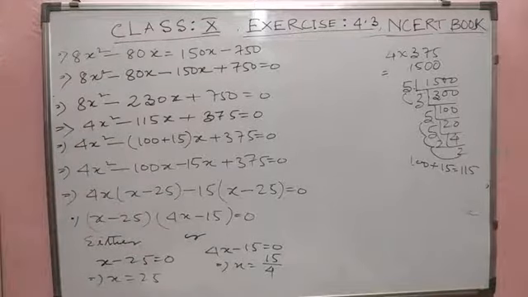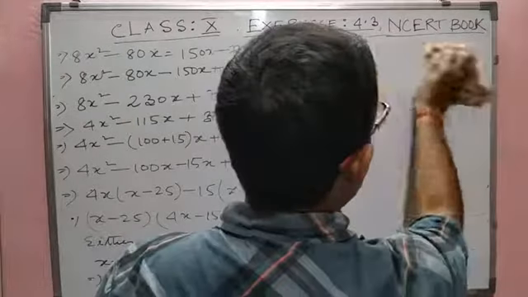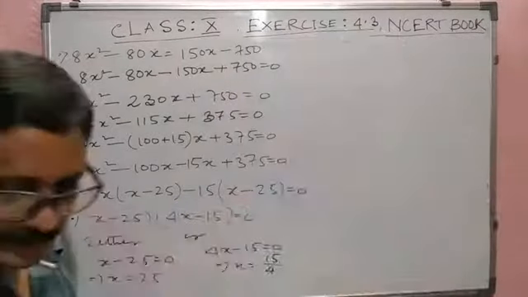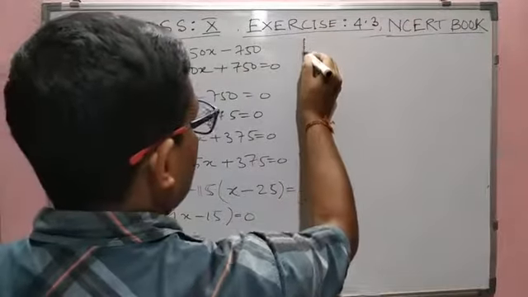So we have got two values of x. One is 25, another is 15 by 4. So let us see which one is correct. Here x means the time taken by the smaller tape.